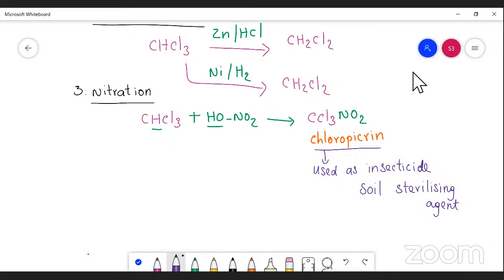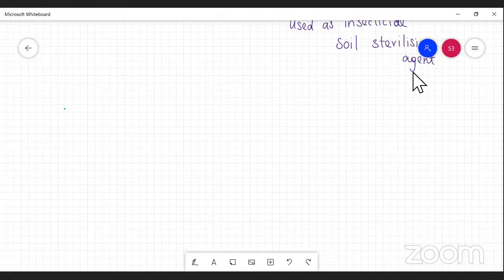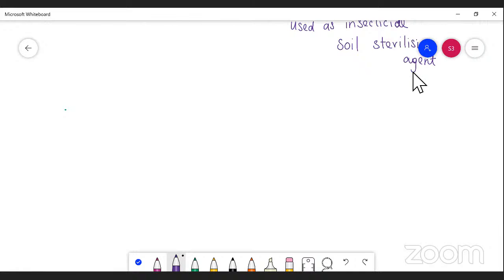Okay. Now the next reaction, the fourth reaction, is the carbylamine reaction.